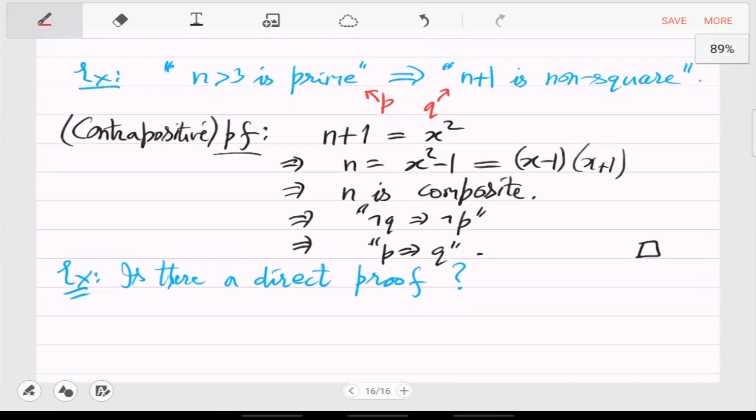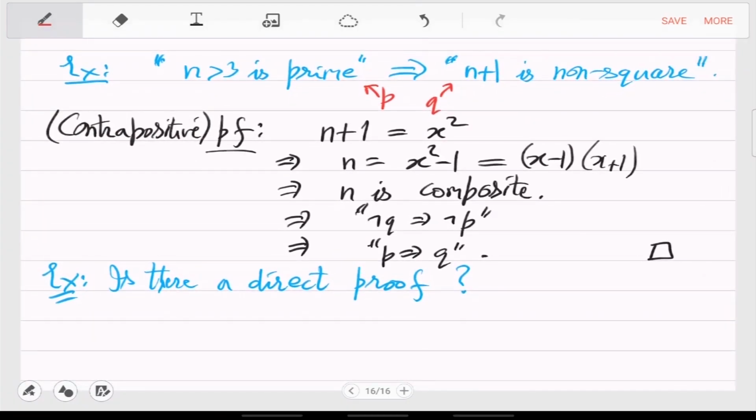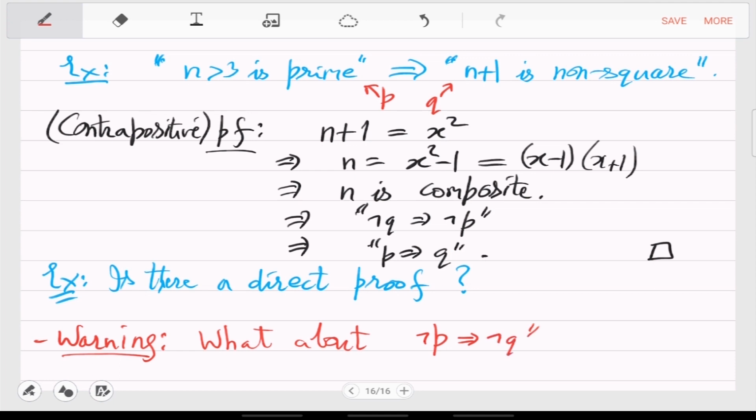With this proof paradigm, what about if, to show P implies Q, you show negation P implies negation Q? Will that finish your proof? Why not?